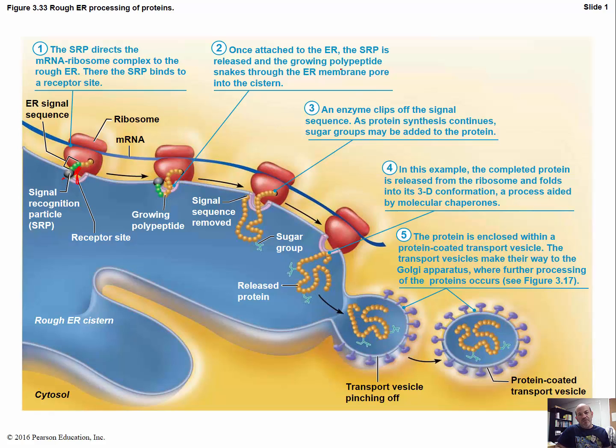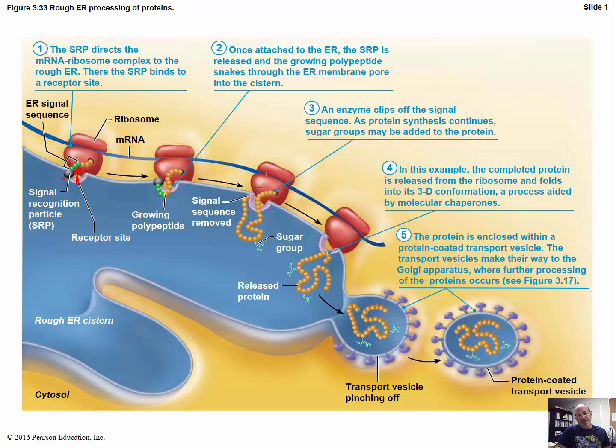Okay, so we grow our polypeptide, and the polypeptide is going to snake through the ER membrane pore and into the cistern. So it's going to go into the cavity, the fluid-filled space within the ER here. And as we continue to read the mRNA, the polypeptide chain is going to grow. So all this is just showing a sequence of steps as this process progresses.